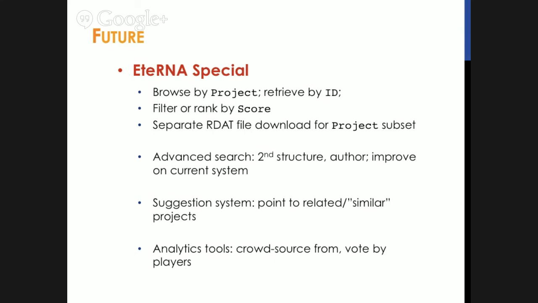If you browse this project, it pushes you other similar projects or similar designs, things like that. So it's better for the user to explore a specific sub problem. And I think that would be powerful, not just for Eterna. Actually, all of the stuff that you're outlining here would be powerful for Eterna, but also just generally speaking, for exploring databases in the RNA world.